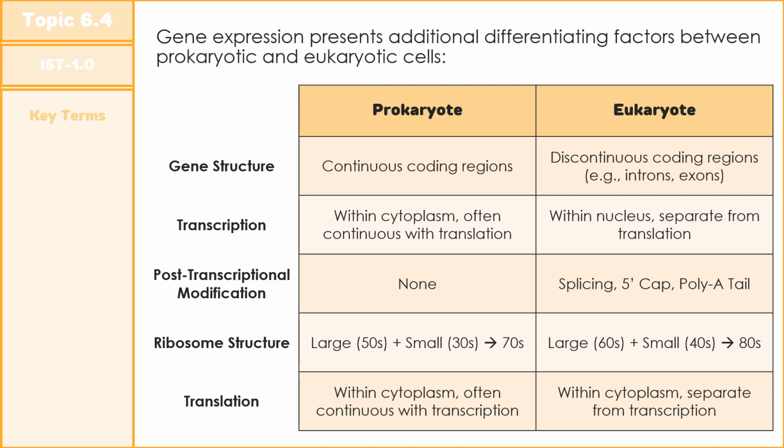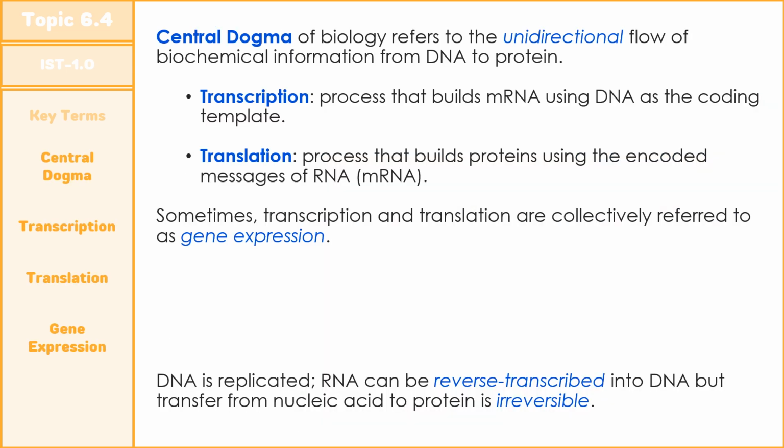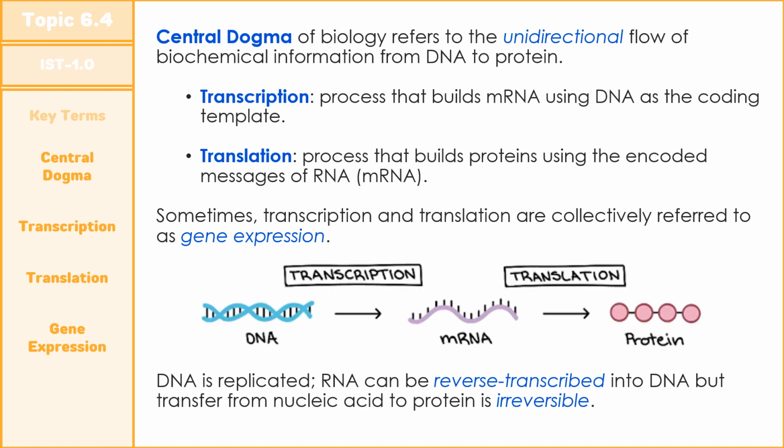In the previous video, we covered the central dogma, this flow of genetic information where we go from DNA to RNA to protein. And we talked about how this is mostly unidirectional, except for that communication between DNA and RNA, where we can actually undergo what we call reverse transcription and go from RNA to DNA.